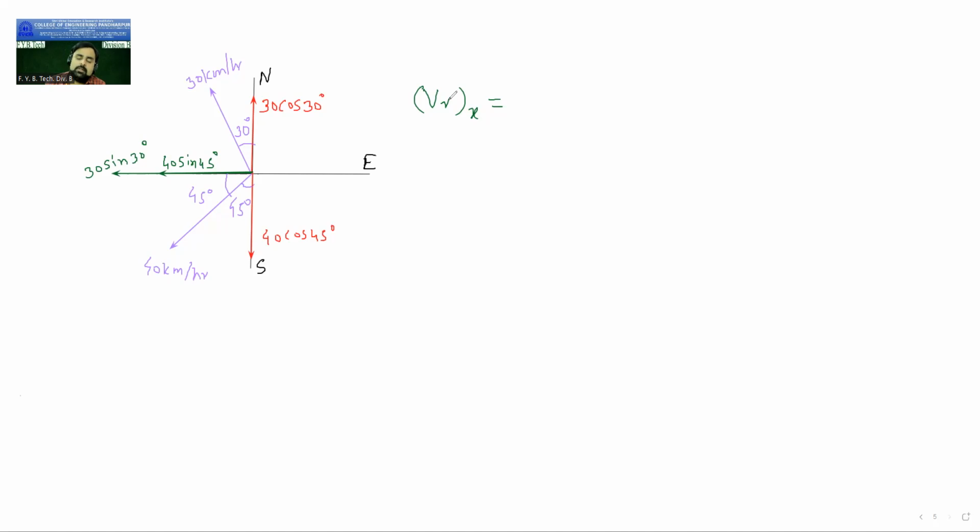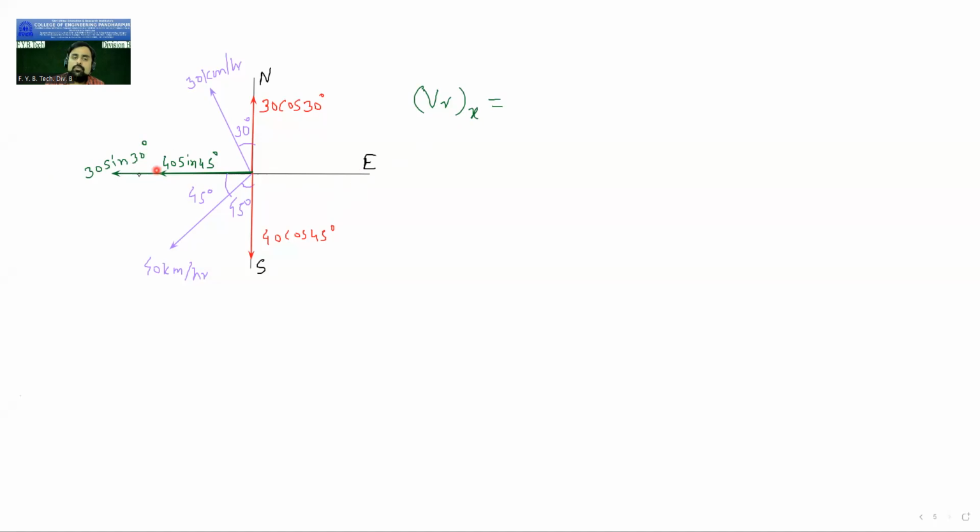X direction बघा, तिथली resultant velocity सांगा. बघायचं काय कॅल्क्युलेट करायचंय, रिझल्टंट व्हेलॉसिटी इन एक्स डायरेक्शन. सो एक्स डायरेक्शन ही आहे. एक्स डायरेक्शनला दोन व्हेलॉसिटी आहेत. दोन्ही एका डायरेक्शनला चाललेत का अपोजिट डायरेक्शनला चाललेत? एका डायरेक्शनला. प्लस करायचं का मायनस करायचं? मायनस. अपोजिटला असले तर प्लस.